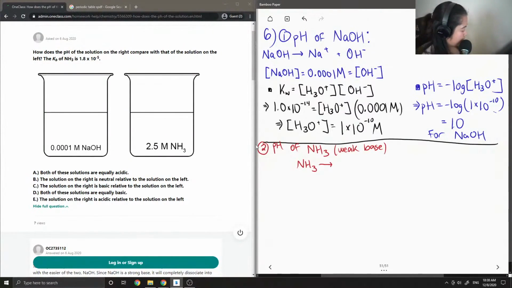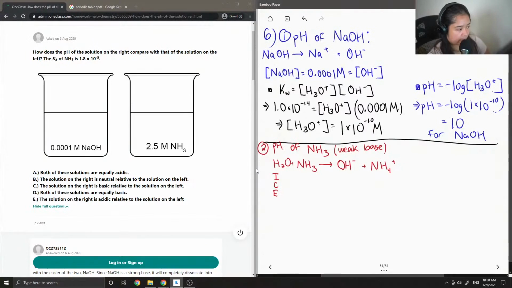In water, it dissociates to OH minus plus NH4 plus. So we can construct an ICE table to help us solve for the concentration of OH minus.